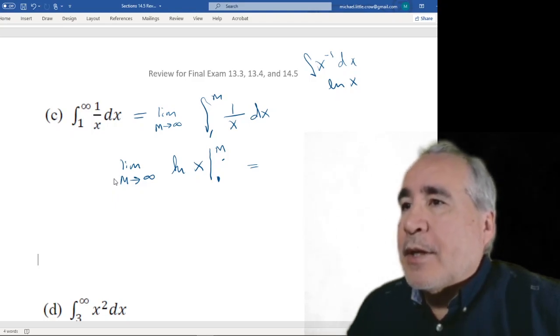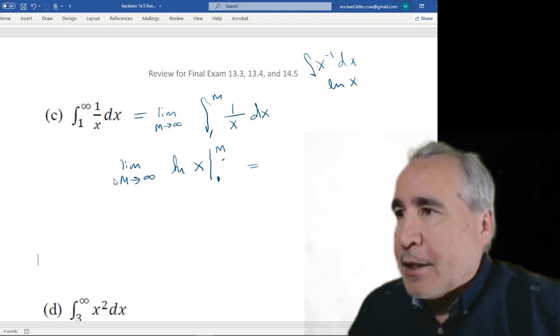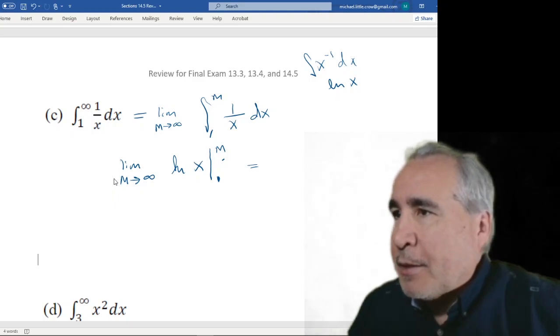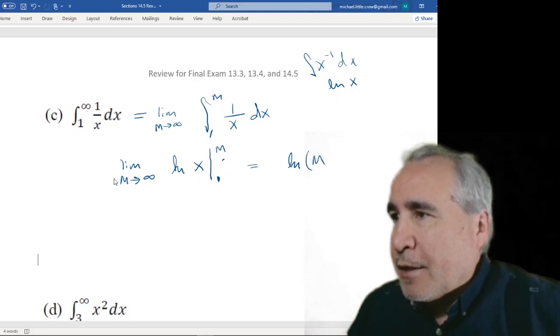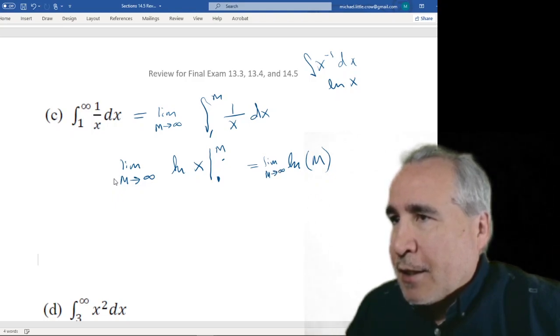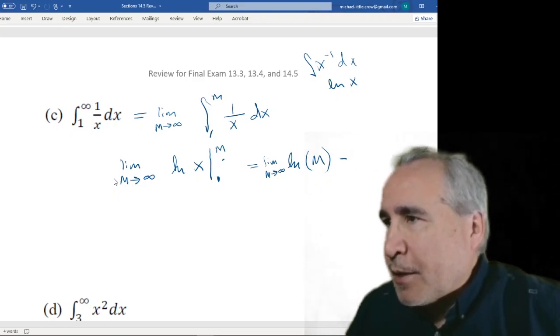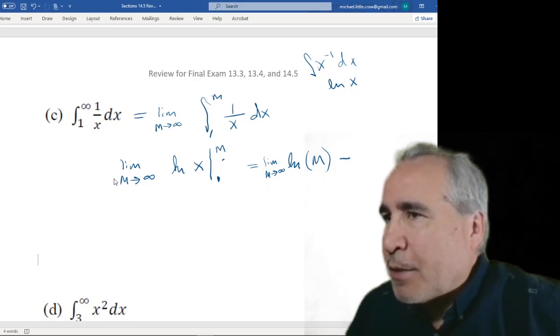Okay, so now we put in our limits. So we put the upper limit in first. So this is the natural log of m, the limit of m going to infinity. The second part, since we're plugging in a number, we could think that the limit applies, but it doesn't really matter.